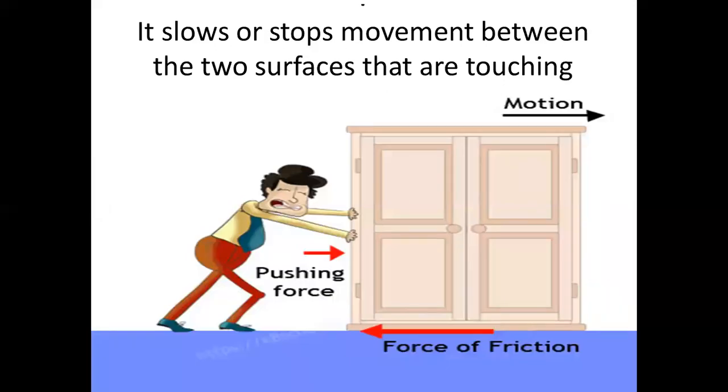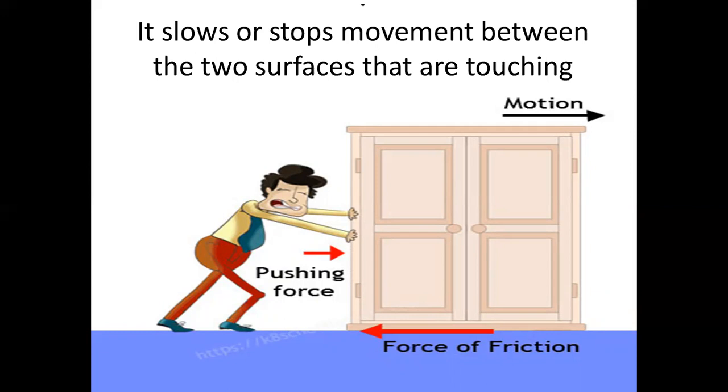The friction force acts in the opposite direction of the motion. So if the motion is acting in the right direction, the friction force will act in the opposite direction, to the left side.